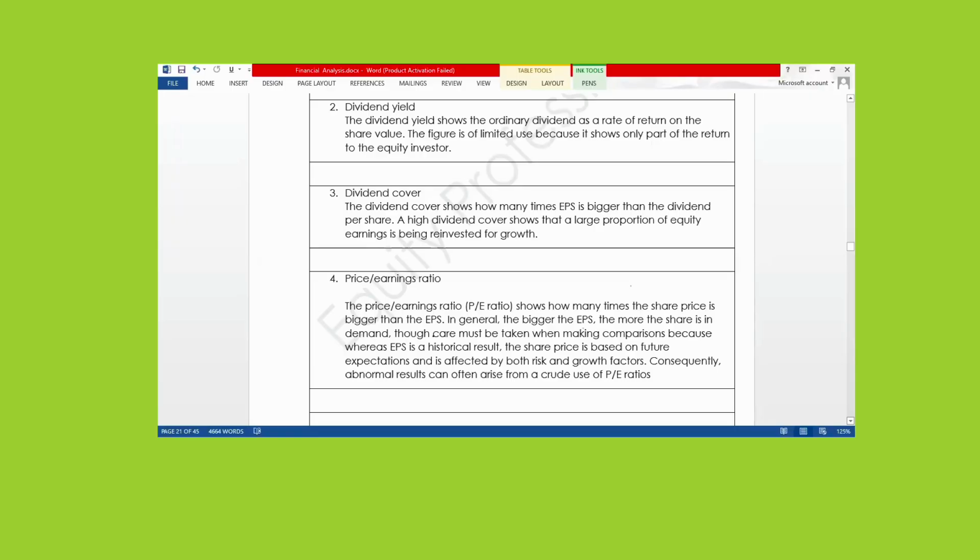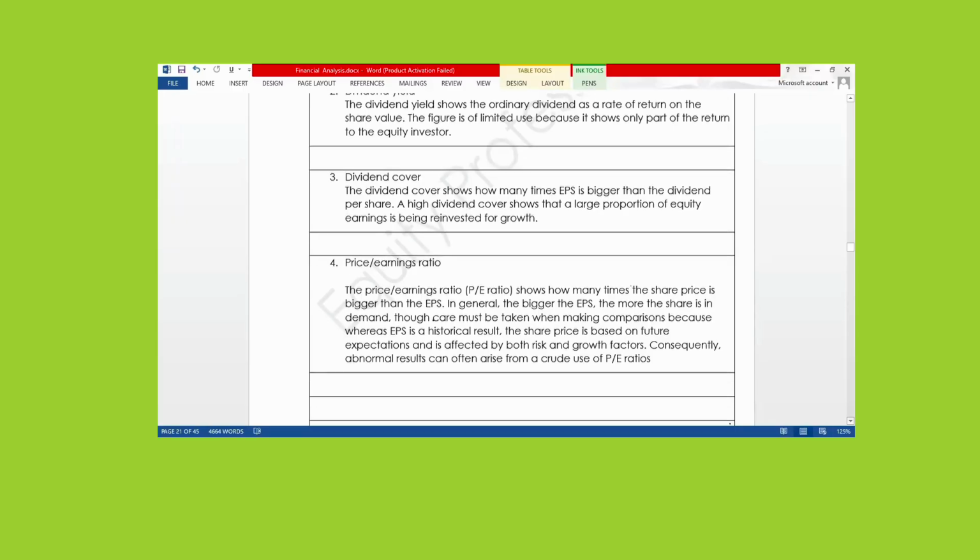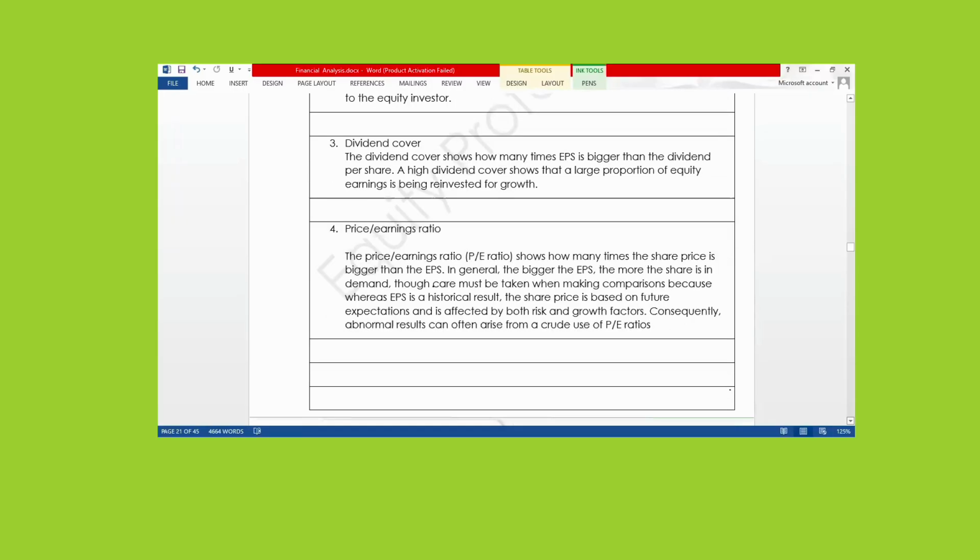It relates market price per share to the earnings generated from the shares.